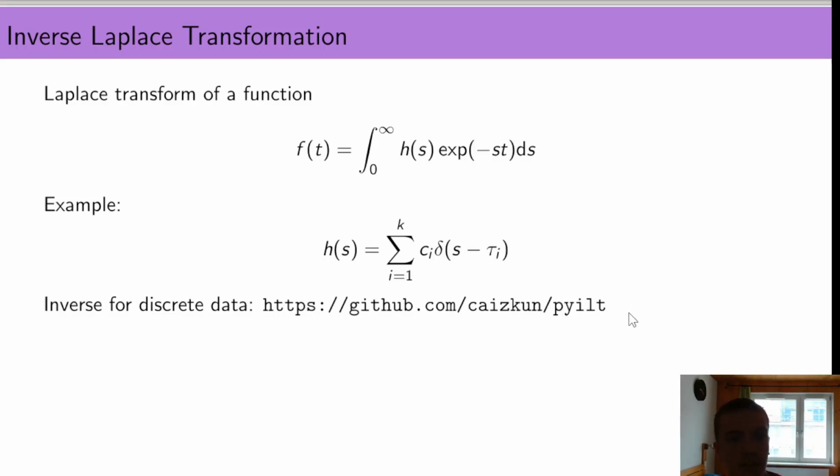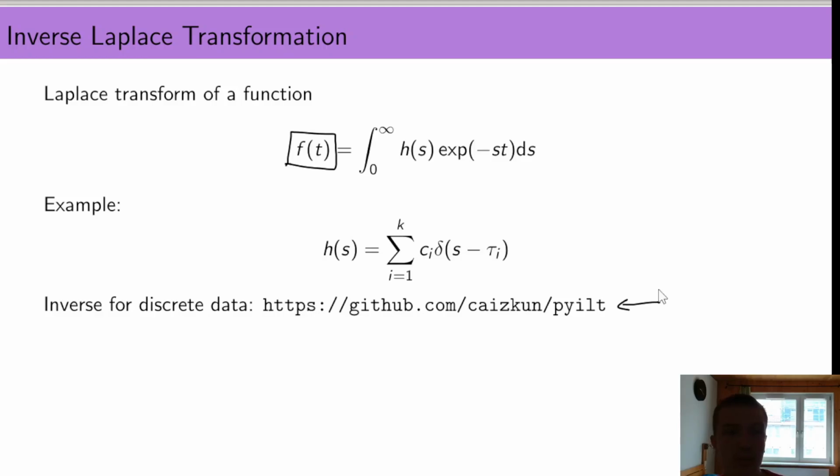And on this GitHub link, you can check out that they implemented the inverse of that transformation in Python. So they take as input an approximation or a measurement. The more accurately this f is measured, the more accurate the h you get out will be, of course.